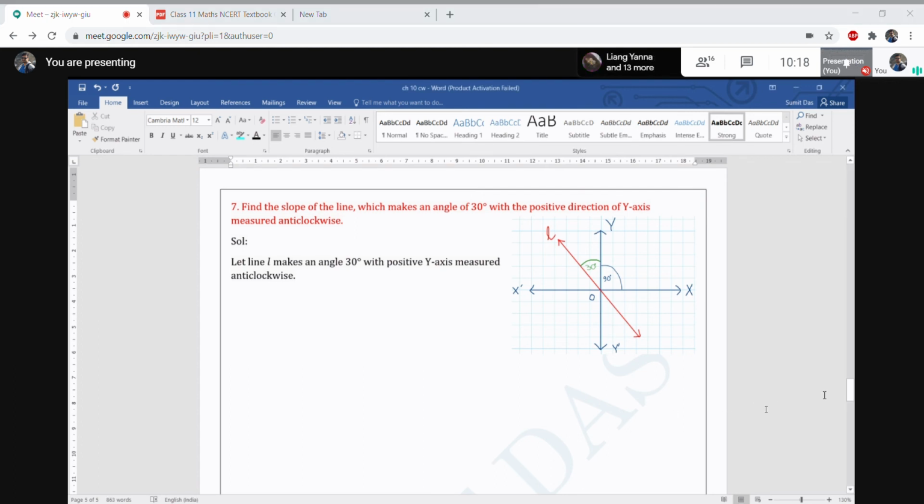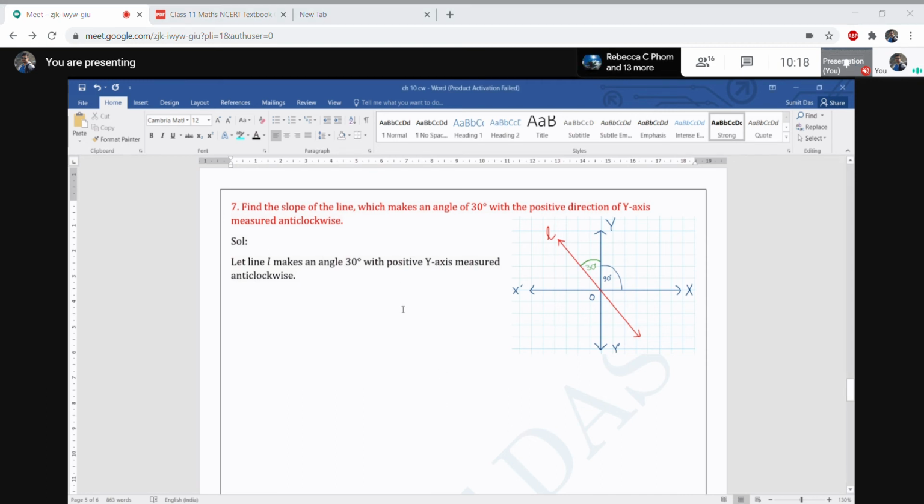Again, I'm repeating the question. Line L is making 30 degrees with the positive y-axis, so how much will line L make with the positive x-axis? What is the angle? Any answer?